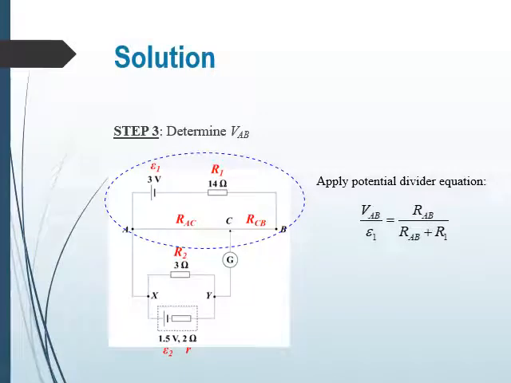In this case, we have VAB over EMF1. VAB is the potential across RAB, the whole wire, whereas EMF1 is the total potential across RAB plus R1. So again, substitute the values into the equation and you will get VAB equals 1.25 volt.